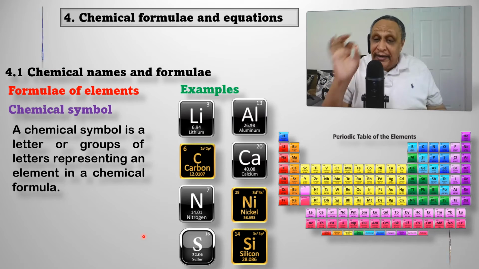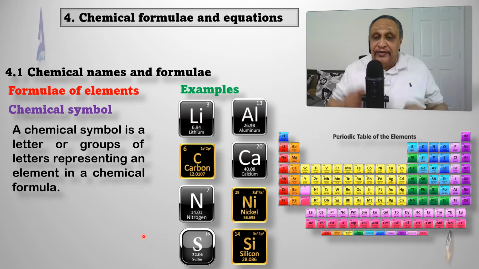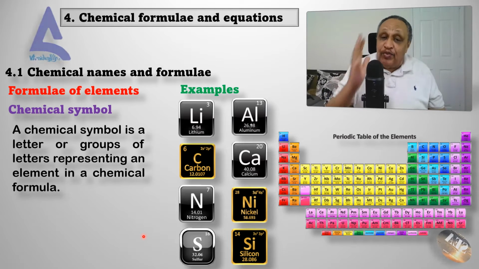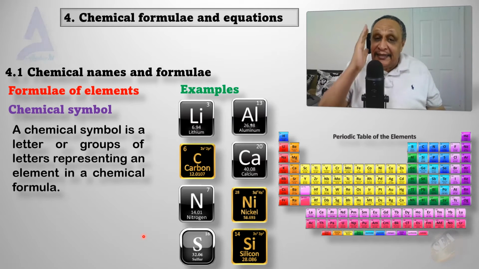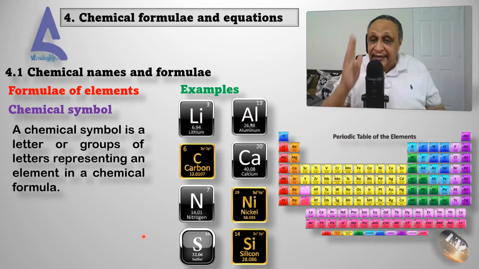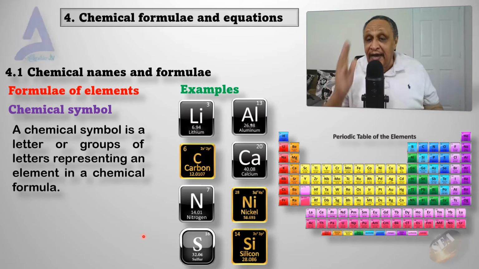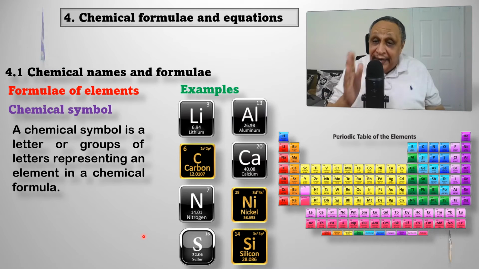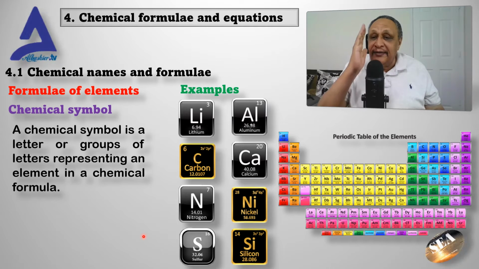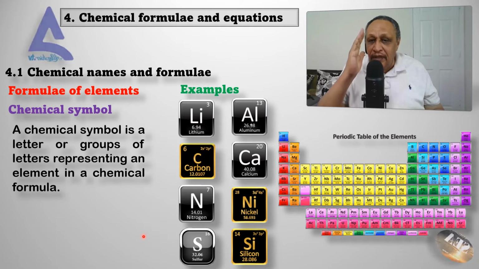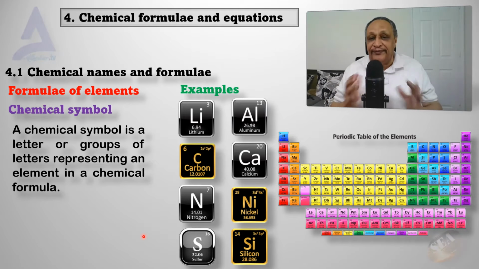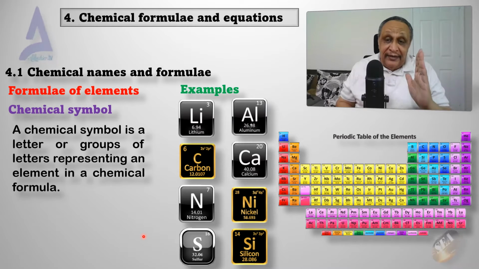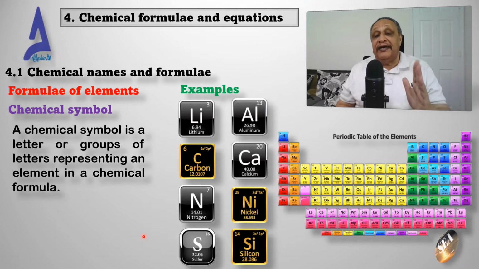Oxygen is one letter, the O, the first letter in the word oxygen. Hydrogen is one letter, the H is the first letter in the word hydrogen. Boron is one letter, the B is the first letter of boron, and so on. So if I have the first letter, it is part of the symbol.